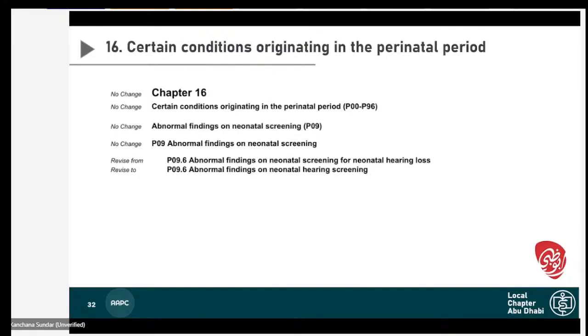But they have revised it and deleted the hearing loss, which was clinging in with the P096, and they have kept it very clear, abnormal findings on neonatal hearing screening. So this is a change which has been included.